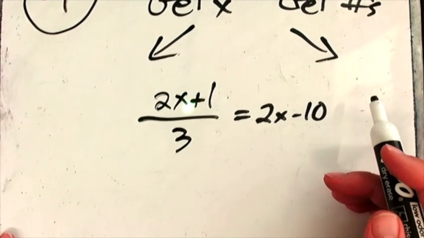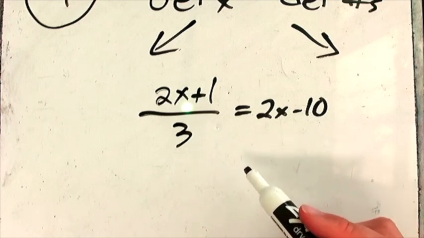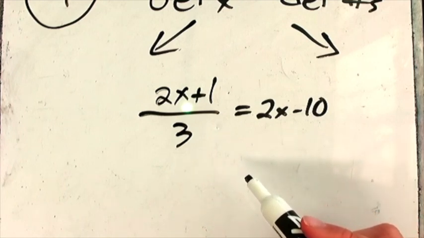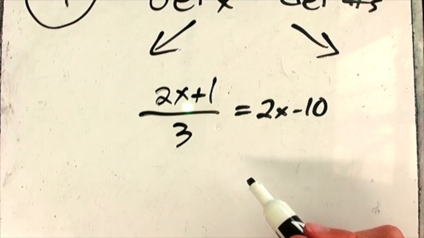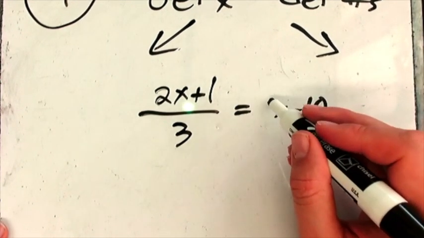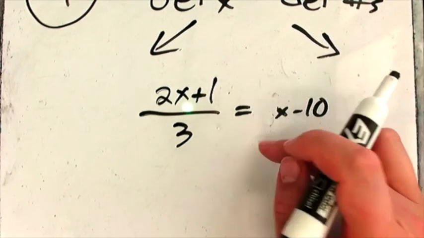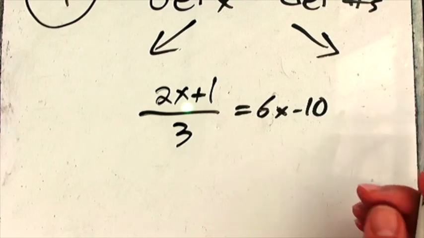This is probably going to get me a wild number. So let's just assume that the number is going to be really weird. Let's go for it. Actually, I'm going to change that to 4. No, I'm not. I'm going to change that to a 6. Let's see how that goes.